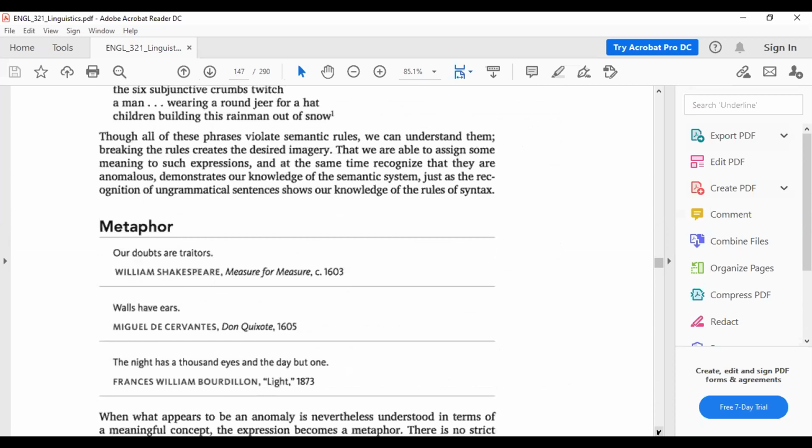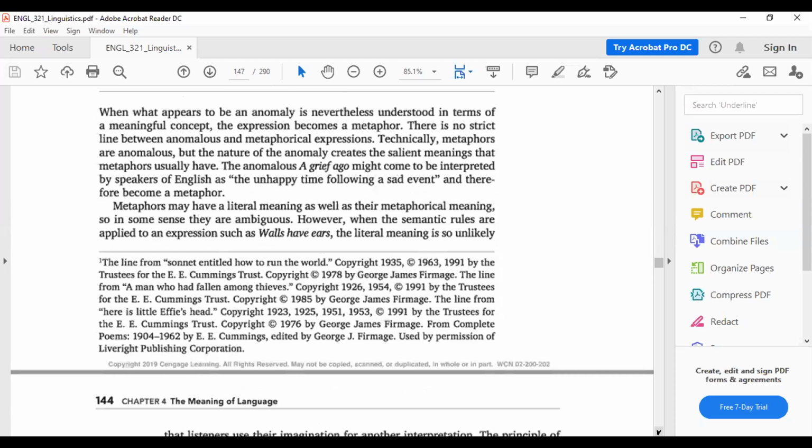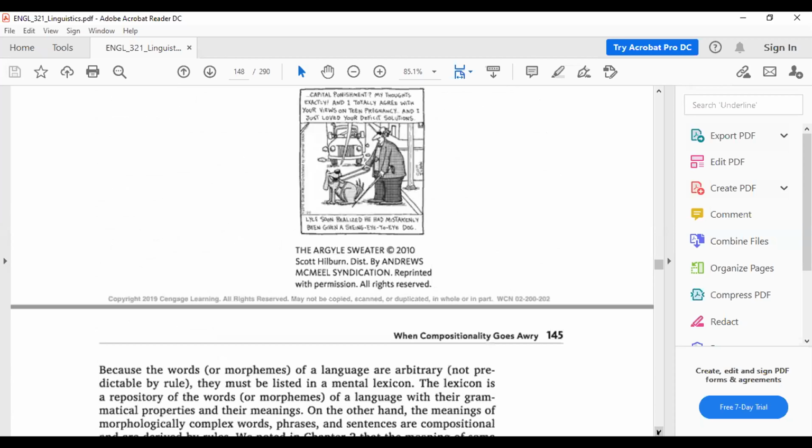So now we move to metaphor, and your colleague Yara is going to present this part for us. 133 to 137 included, 138 to 143 not included. Okay. And then after metaphor, just to give you an idea, we will have Amina for idioms.